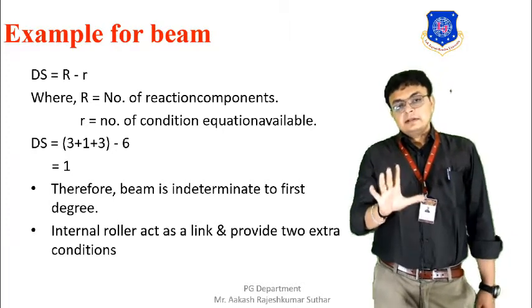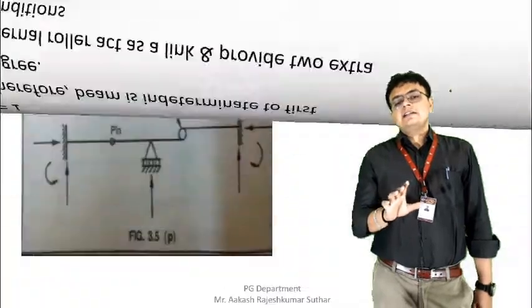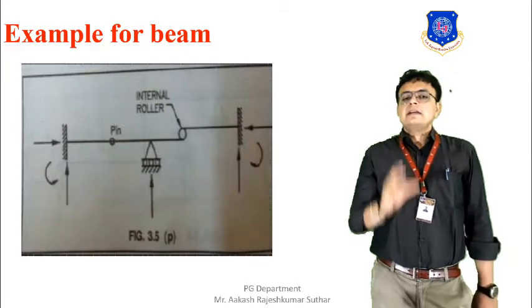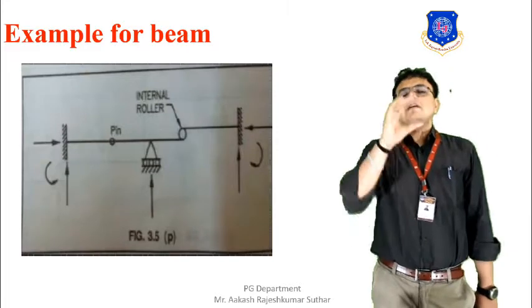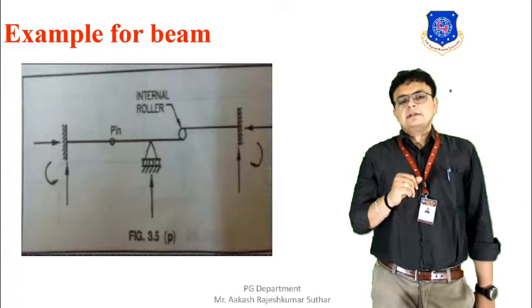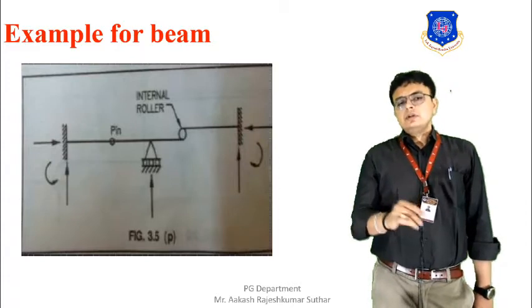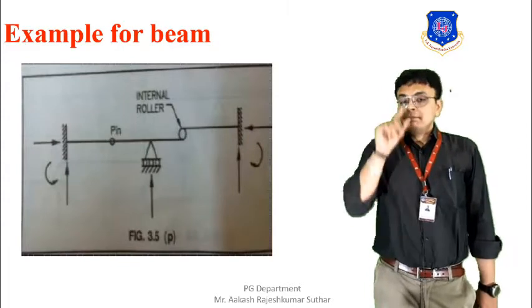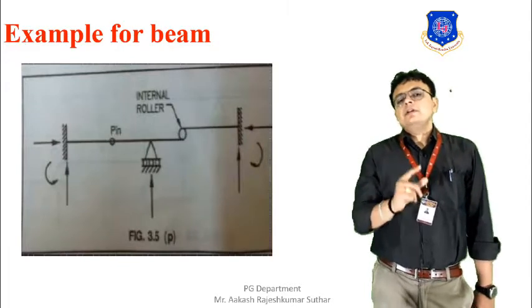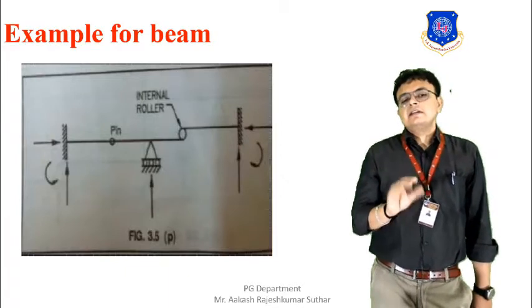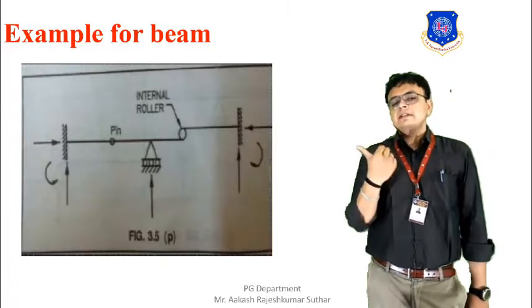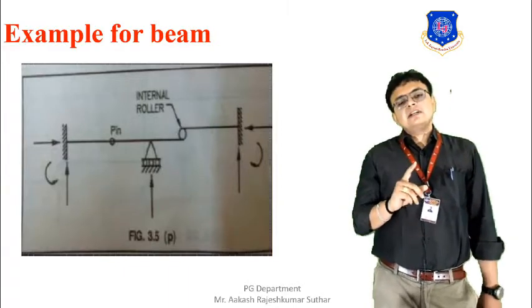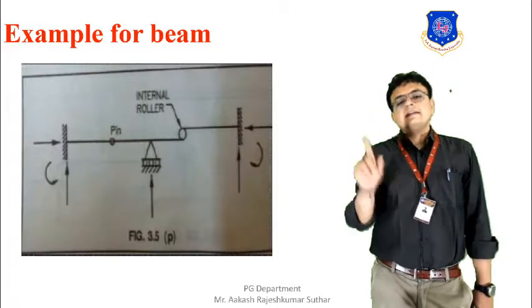But we can see over here that there is a pin. So we will have a formula for this pin: it will be equal to the number of members connected to that pin minus 1. Here we can see that 2 horizontal members are connected with a single pin, so it will be equal to 2 minus 1.